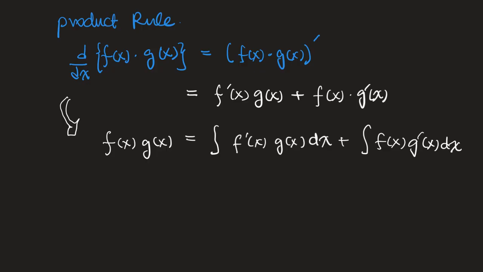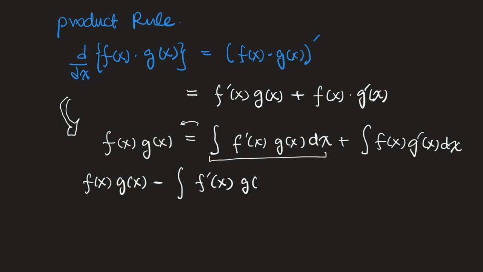When we integrate both sides, you're going to have this one. Now, you rearrange this a little bit, okay? Look at this one. I'm going to move this to the left side. So f(x) g(x) minus integral f prime x g of x dx equals integral f(x) g prime x dx.